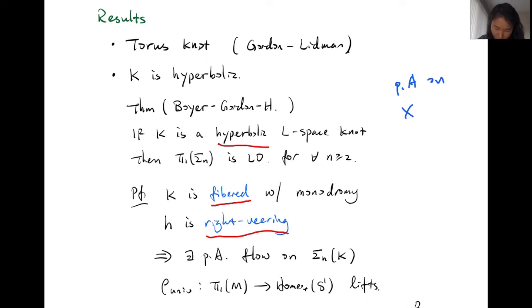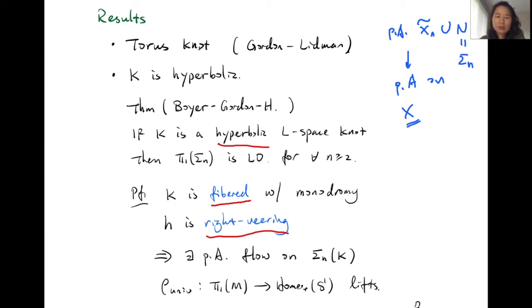Then you pull back this pseudo-Anosov flow to the cyclic cover, which is a cover of the knot complement. To get the cyclic branched cover, you just need to do a Dehn filling, a meridian Dehn filling along the cyclic cover.